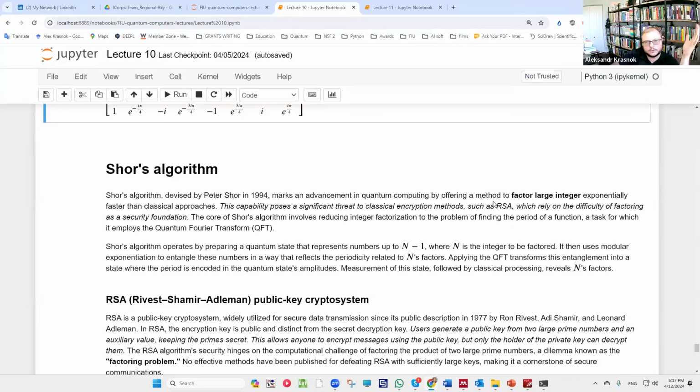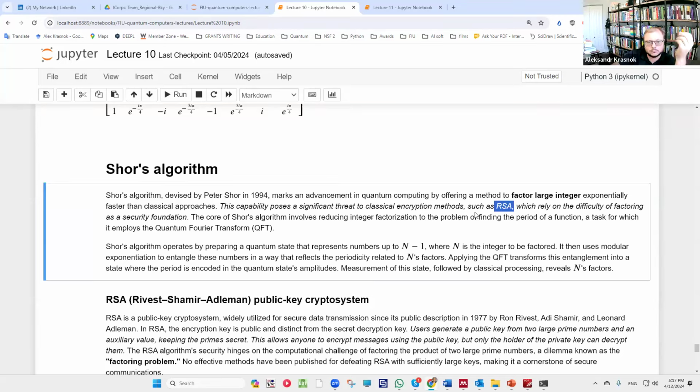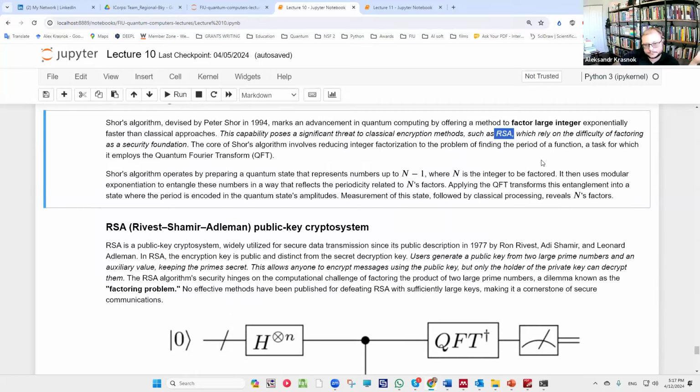This is the principle we use for this RSA type of encryption, right? To protect the information, to send money, some secure information, documents, and so on.